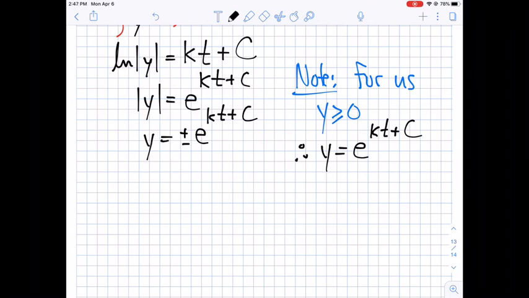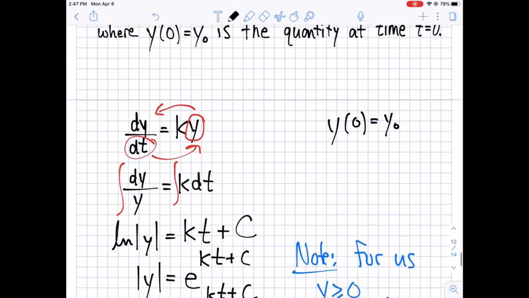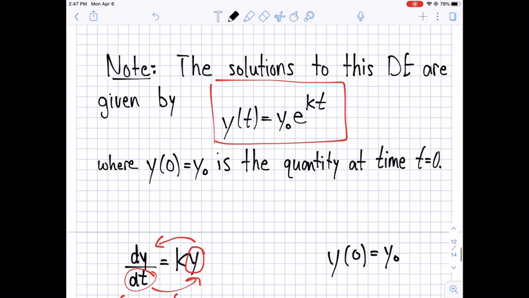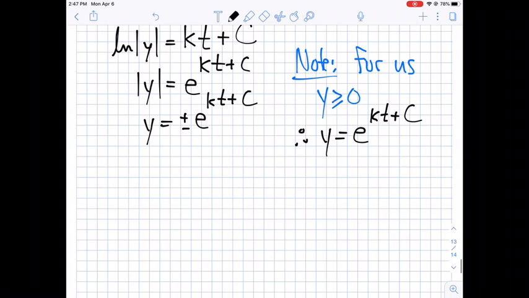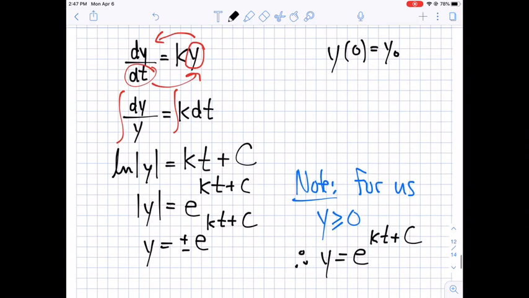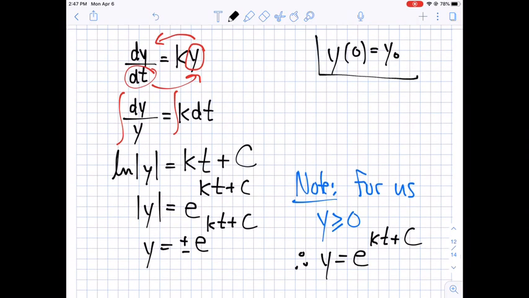Okay, fine, except that there's a couple things missing. Remember what we're trying to get to here. We want to have y naught e to the kt. Okay, so there's one thing here left to do, and we want to solve for that value c. Because right now we have our general solution. Let's find the particular solution satisfying this initial condition.